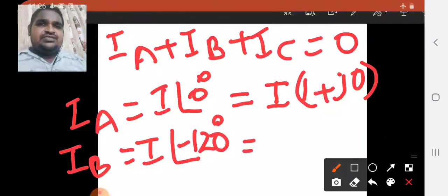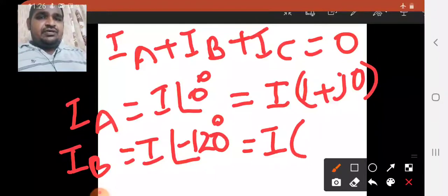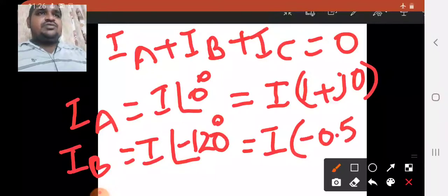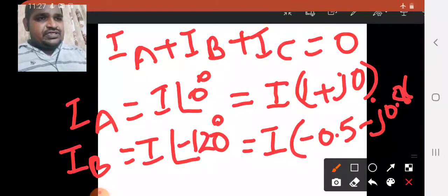So how can you write this? Minus 120 at an angle, that is I (cos minus 120 plus j sin minus 120). That is cos minus 120 is minus 0.5, that is minus 1 by 2, next minus j sin 120, where sin 120 is 0.866, that is root 3 by 2.